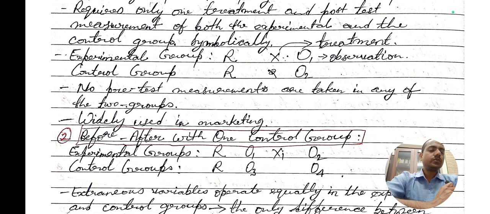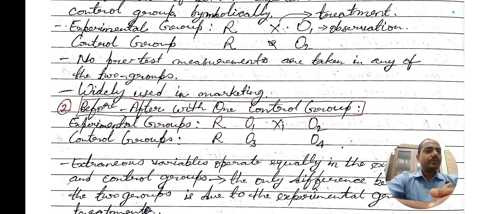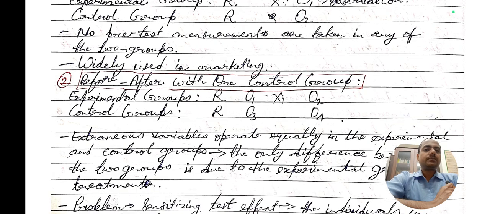But in case of the control group there is no treatment, and simply the observation has been taken at the same time as for the experimental group. No pre-test measurements are taken in either of the two groups. Measurements are taken only after the treatment on the experimental group. It is widely used in marketing.